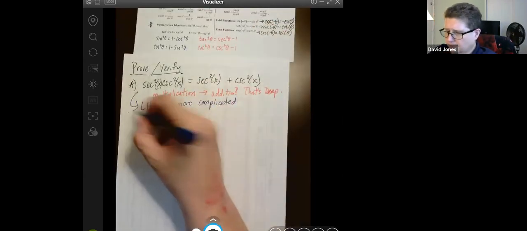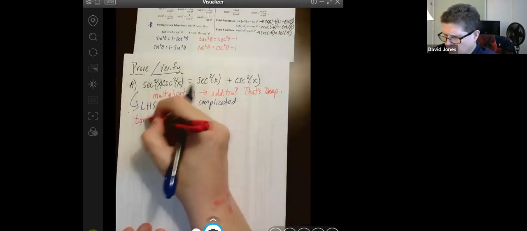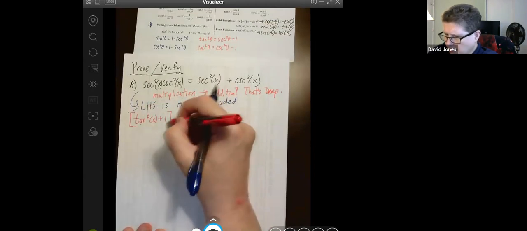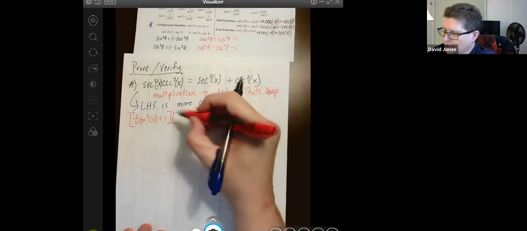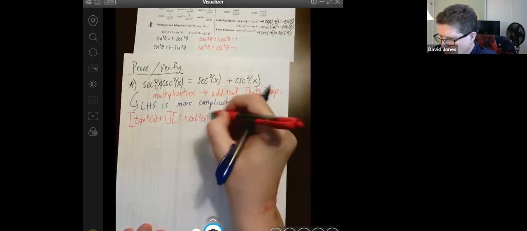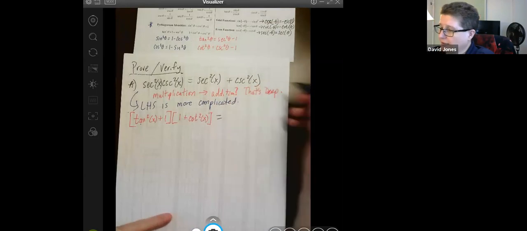Secant squared is tangent squared plus 1, and cosecant squared x is 1 plus cotangent squared. And it still equals the right-hand side.